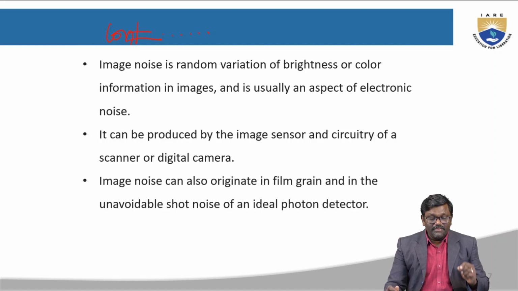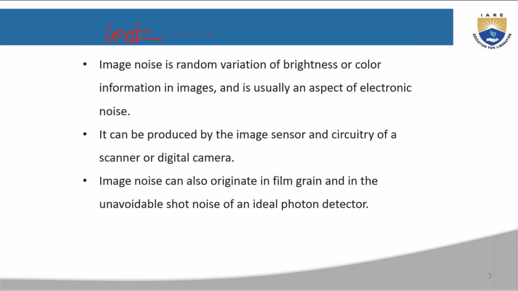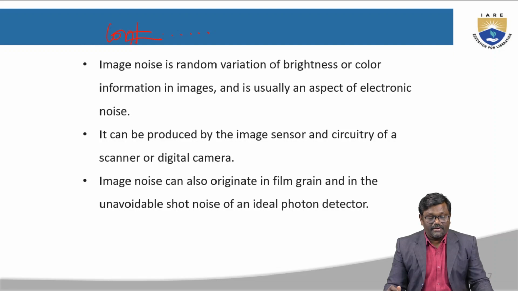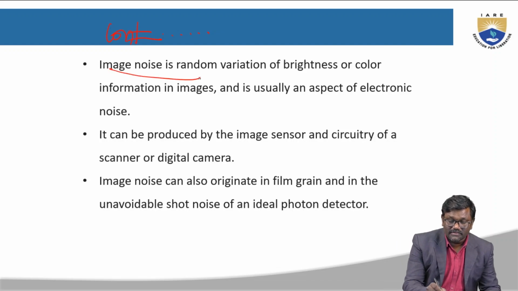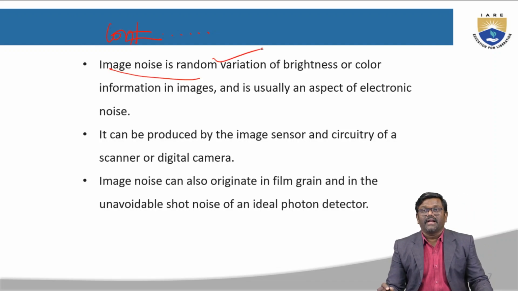Image noise can also originate in film grain and in the unavoidable shot noise of an ideal photon detector. So such image noise is a random variation of brightness or color information in images, and is usually an aspect of electronic noise.